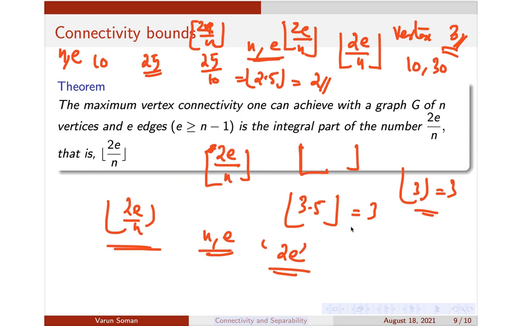Now this 2e degrees will have to be distributed among the n vertices.